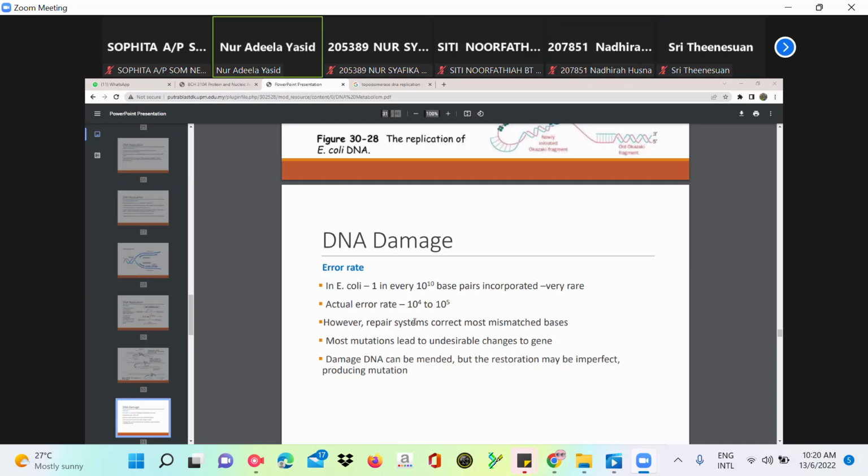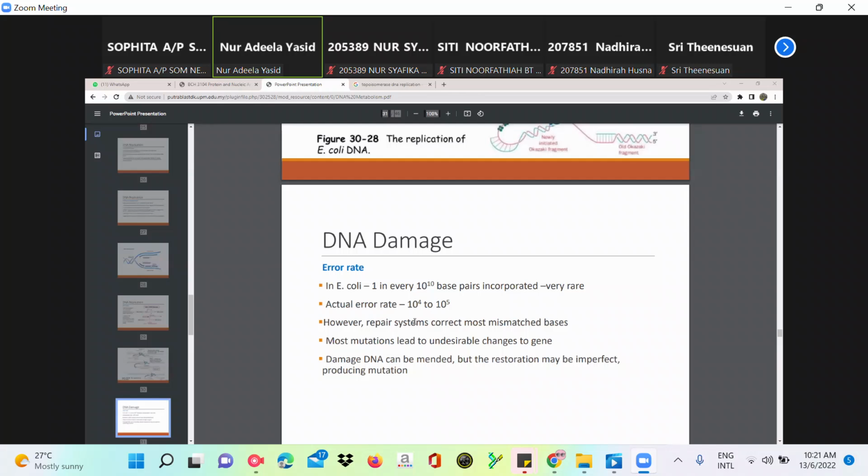In my time, nowadays the chemical used may be different. In my time, to visualize the gel under UV, we needed to stain the gel with ethidium bromide.